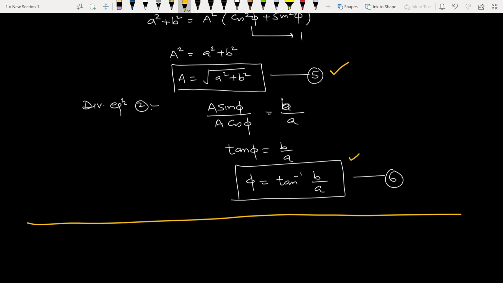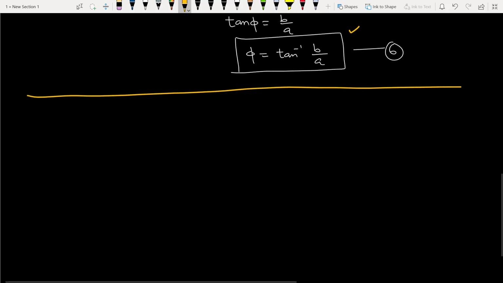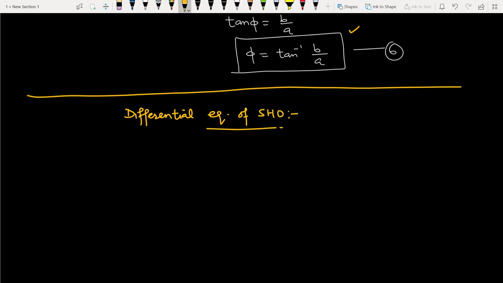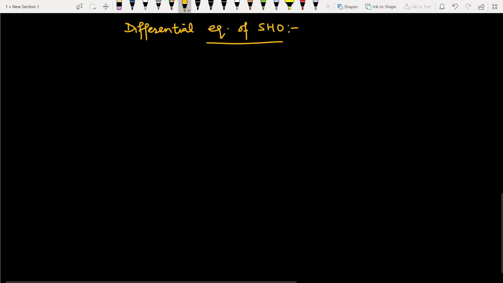So now we will try to derive the differential equation of a simple harmonic oscillator. For that we rewrite x is equal to A sin(omega t plus phi). This is our equation number 3. We have rewritten it. Now we differentiate this equation with respect to t.